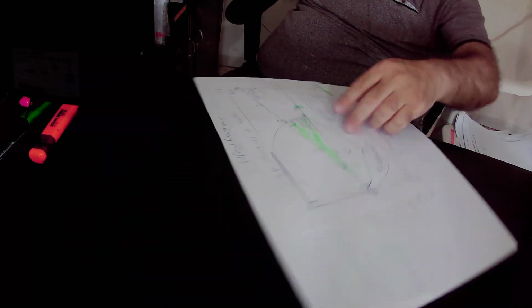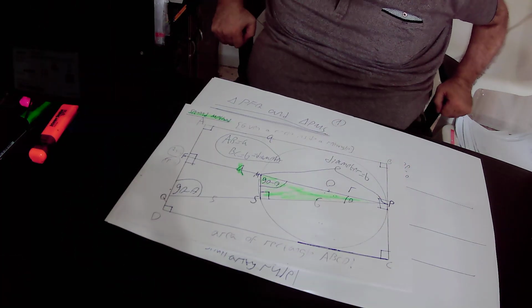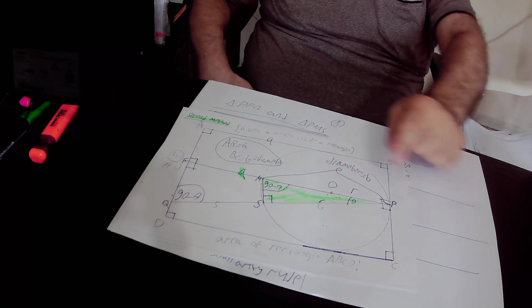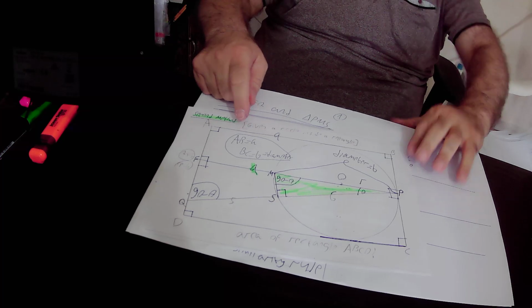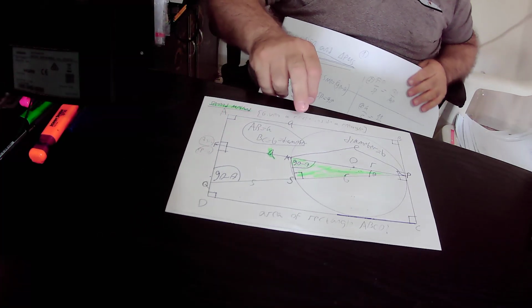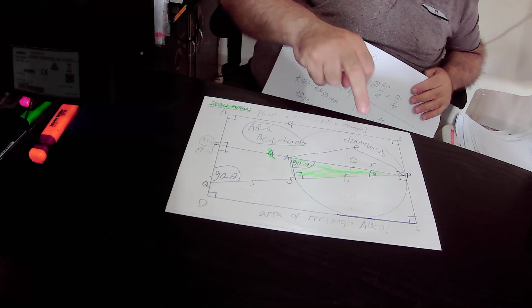In the second method, we define the center of the circle as point O, AB equals A, BC equals B, and B is also the diameter of the circle.